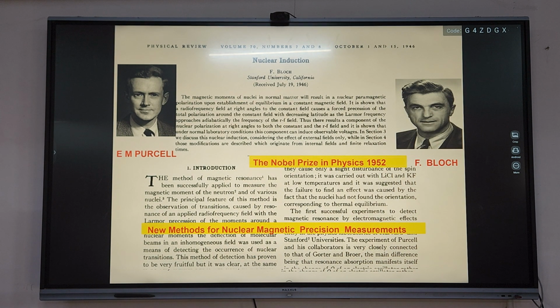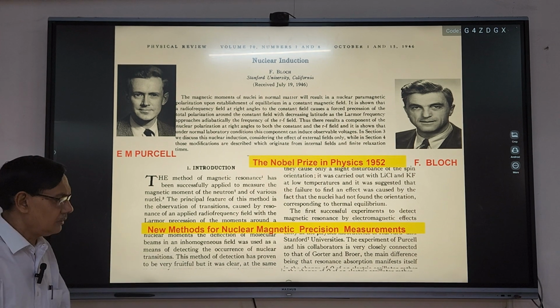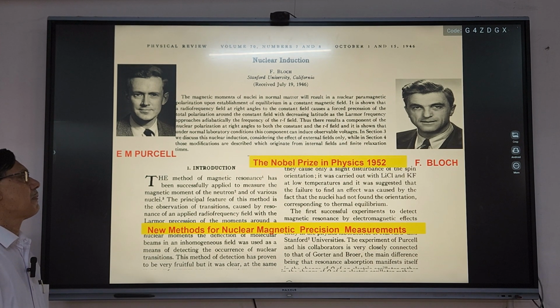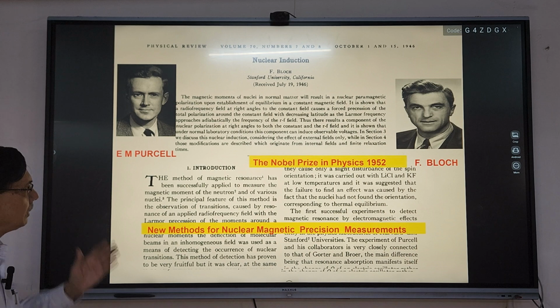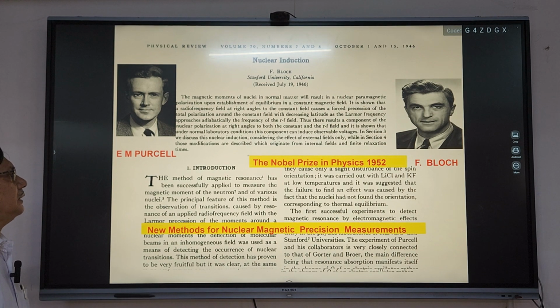Now, before I start the fundamental of NMR, I must tell the student the first Nobel Prize in magnetic resonance, or the new methods for nuclear magnetic precision measurements.